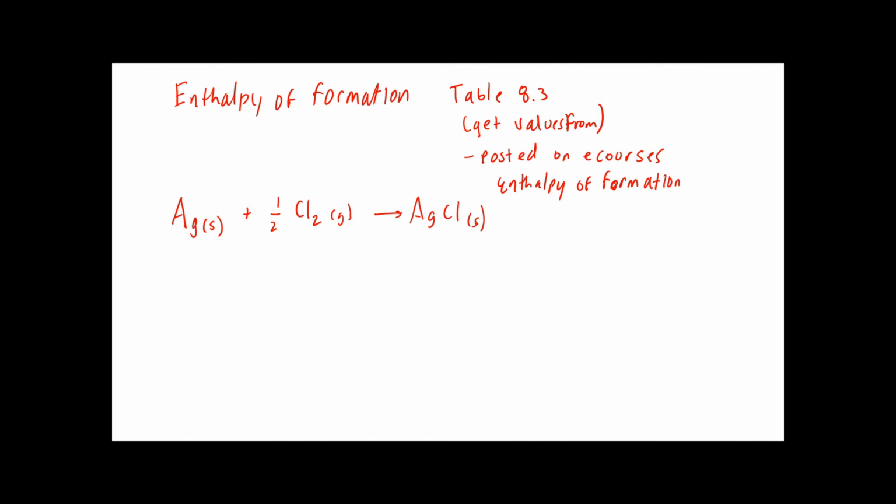We can look at the table and notice the silver chloride has a value of delta H equals negative 127.1 kilojoules. Alright, so if I gave you this value, there's two ways to do this.